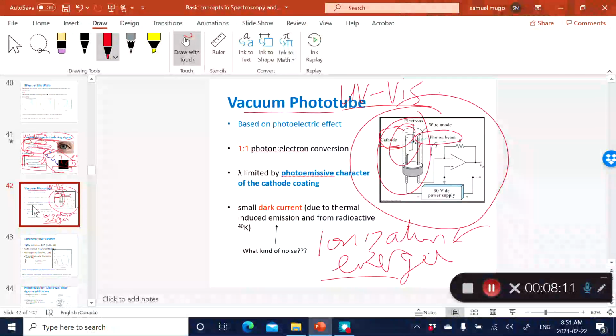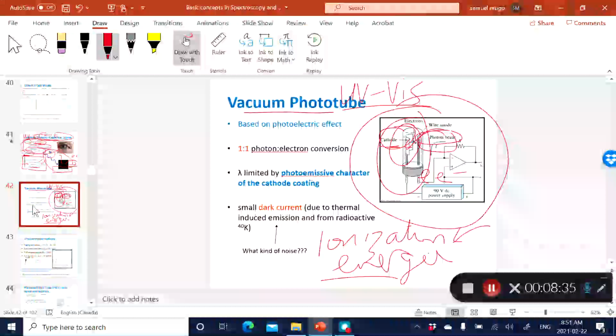Typically, those are the materials you use to coat the cathode, to make the component called the vacuum phototube. Because of that, the photon beam impinges on an alkali-coated cathode and generates current. The current is what is measured by an ammeter, and so forth.